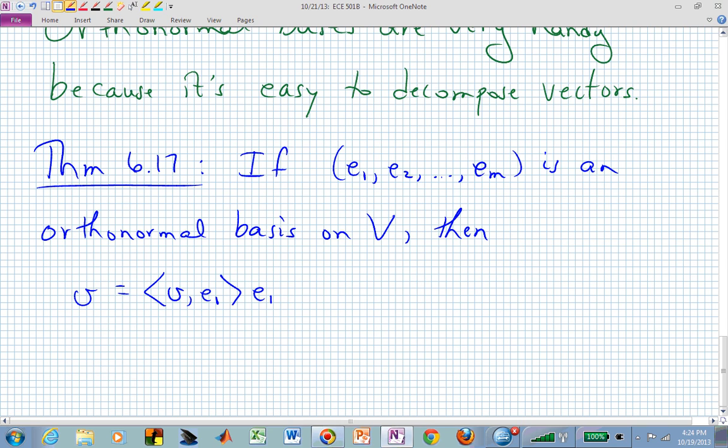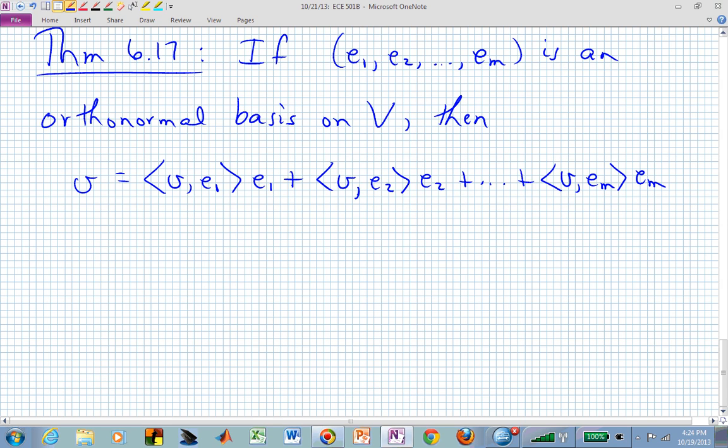We have the inner product of v with e1, or how much of this vector v is aligned with the first orthonormal basis vector e1. That will give us a scalar. We then scale the basis vector e1 by that scalar, and continue to do that with each of these orthonormal vectors. That gives us the amount that v is aligned with each of them, which scales each of the basis vectors e sub 1, e sub 2, e sub m.